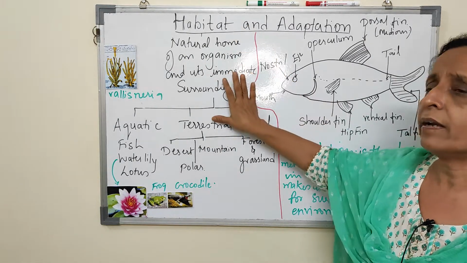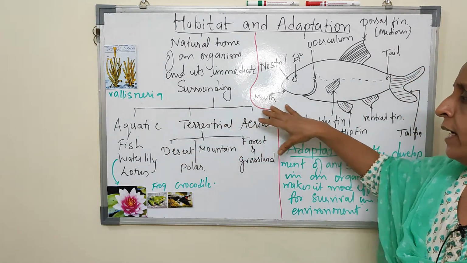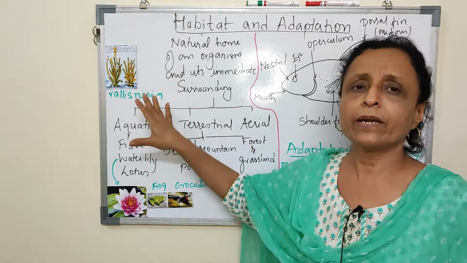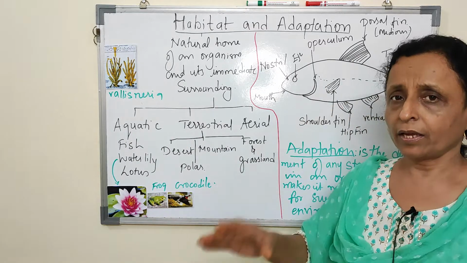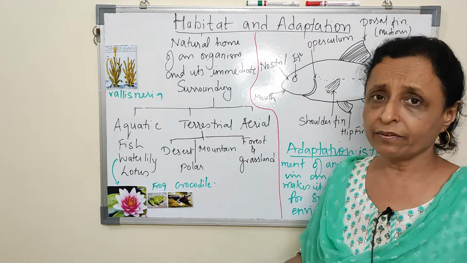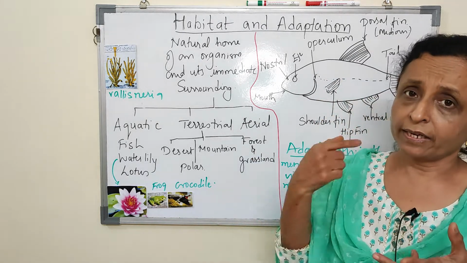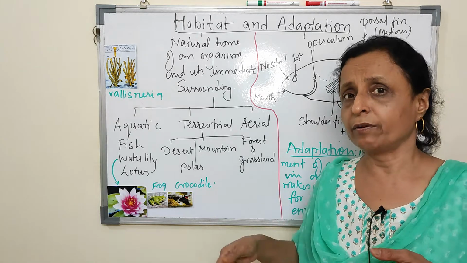So this habitat, scientists have divided widely into these types. Aquatic means water. It might be sea, that is marine. In fact 70% is water, so it can be sea, that is marine animals. It can be fresh water, that is riverine water.